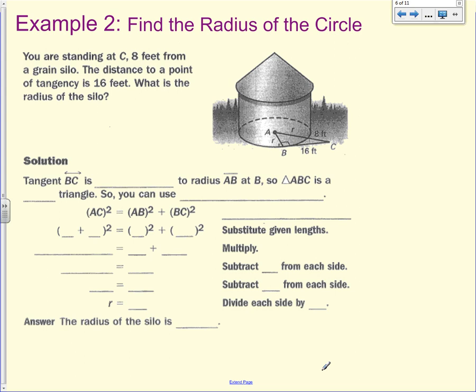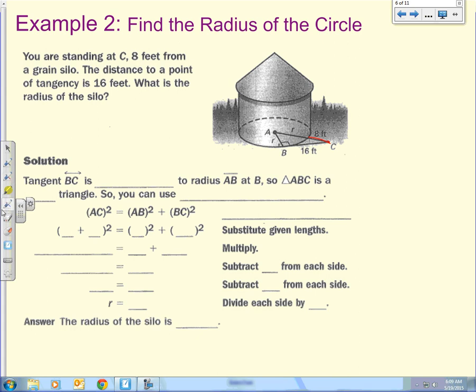Now we're going to find the radius again, but we don't have quite as much information. I know I'm staying at point C, and the distance there is 8 feet from the silo. I also know that the point of tangency is 16 feet from that same point C. What we want to know is the length of the radius.